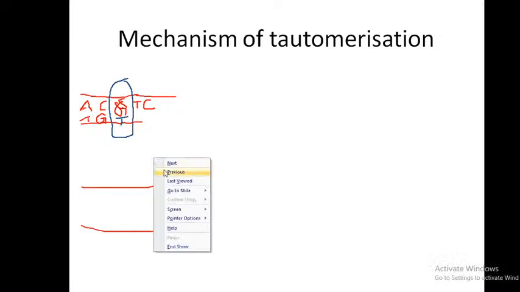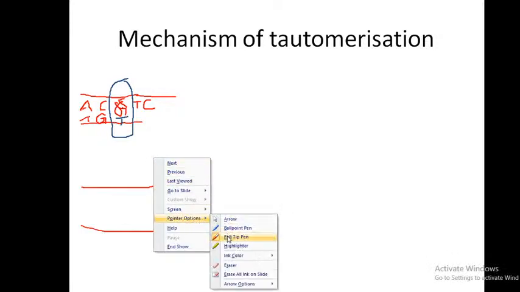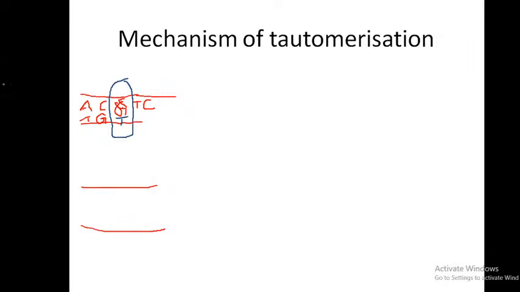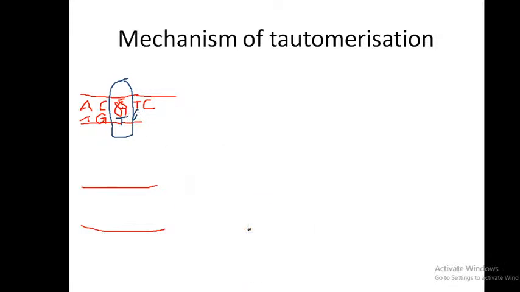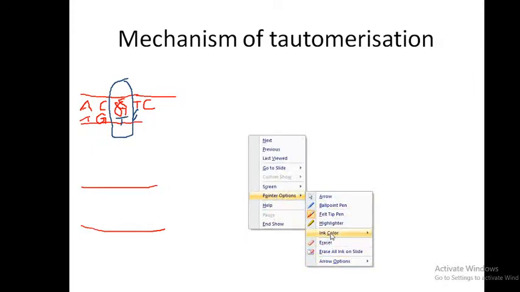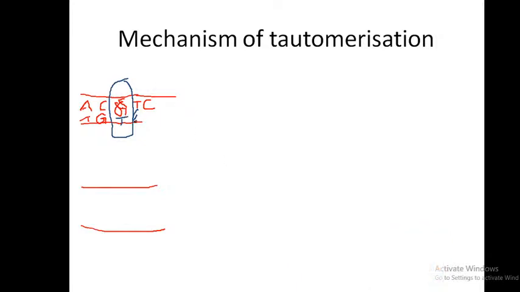I'm again rewriting, just to show the mutant variety in the mutated sequence. So this is the first generation DNA, first daughter strands. A, T, B, C. These are the daughter strands, and this is the first progeny which I have written before in the previous slide itself.